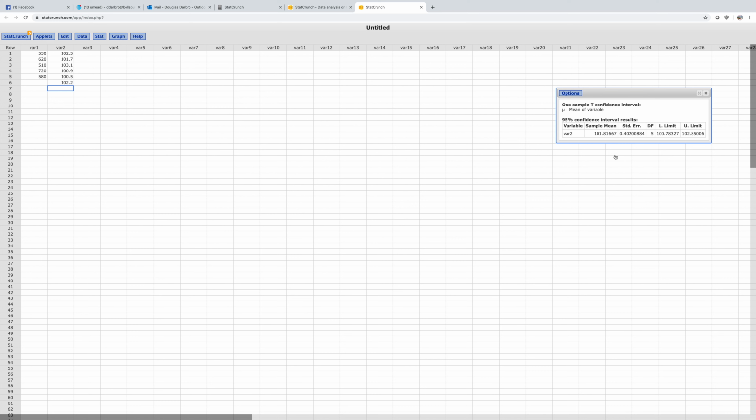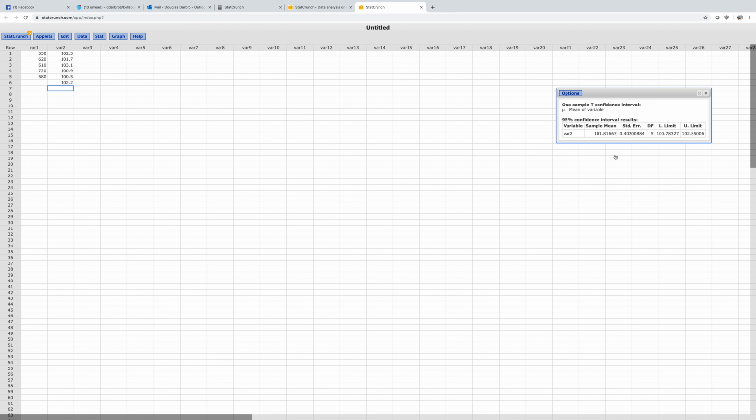As the sample size gets larger, 100, 250, 500, the t distribution becomes very close to the z distribution. But with a small sample size, the difference between the t critical and the z critical is pretty significant, and the t critical is always larger, creating more margin of error.